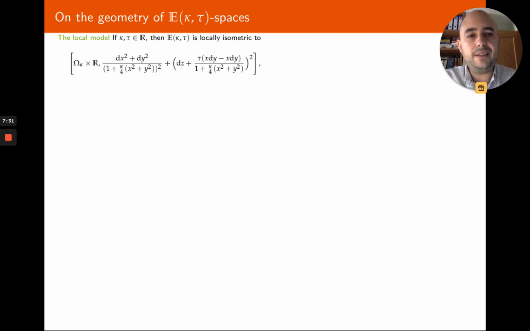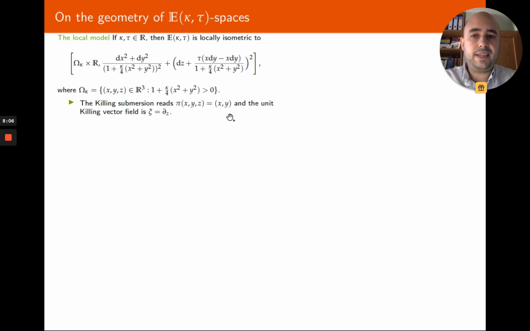So on the one hand, we have a local model. For any kappa and tau, E kappa tau is locally isometric to this trimanifold, where omega kappa is some domain of R2 given by this inequality, and in this cylinder model, because this is a disk times R, we plug this metric, which is explicit, and we obtain a trimanifold which is locally isometric to E kappa tau.